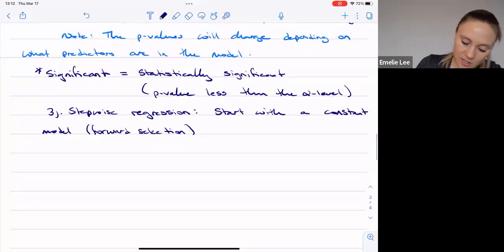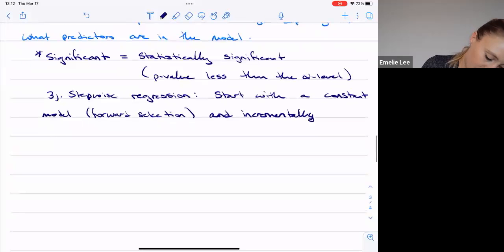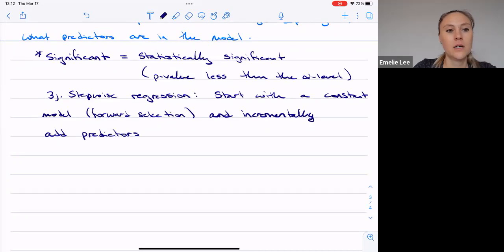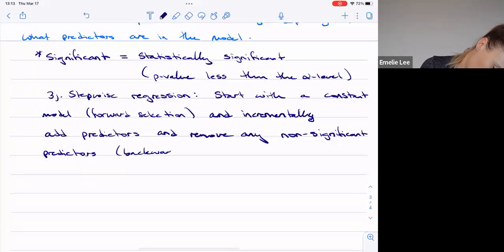So start with a constant model and incrementally add predictors, and remove any non-significant predictors as they appear, which is backward elimination.